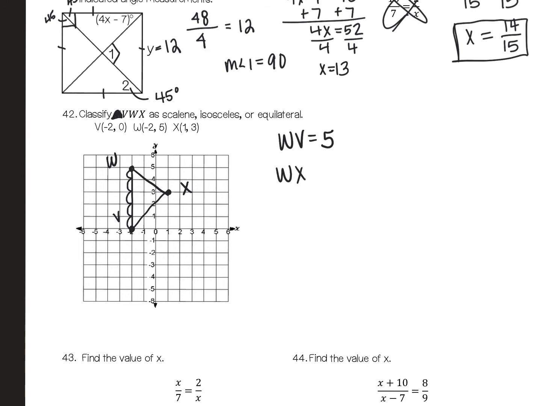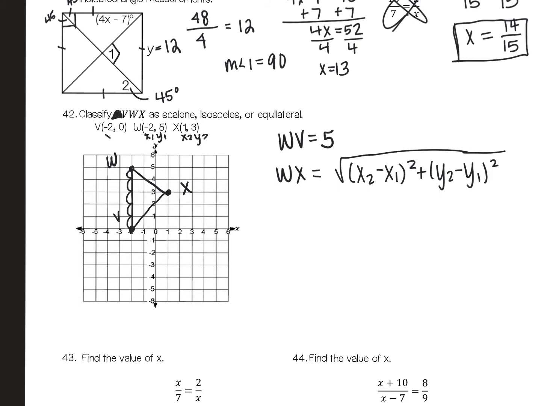I'm going to start with WX, and then just as a reminder, this is your distance formula, which is given to you on the exam review. During the exam, you don't have to memorize it. So I'm going to label W as x1, y1, and X as x2, y2.